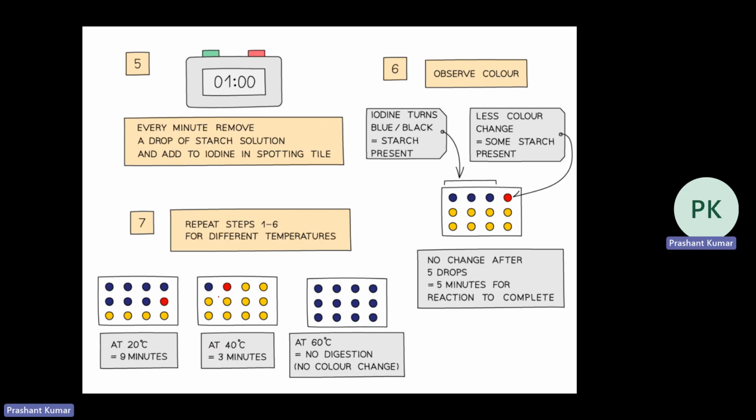At 40 degrees, it was this much, and at 60 degrees, no digestion, no color change. So that means at 60 degrees, the enzyme was not working. It's a high temperature. At 40, it was working. At 20, it was working okay. I mean, not a great reaction, but it was slightly working. So 40 degrees was the best.